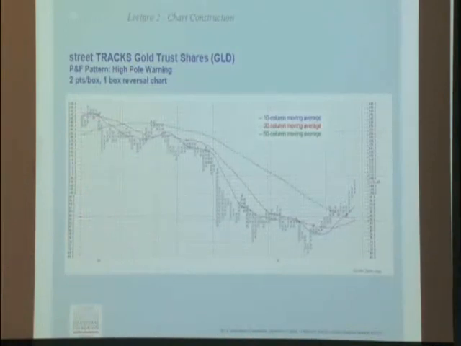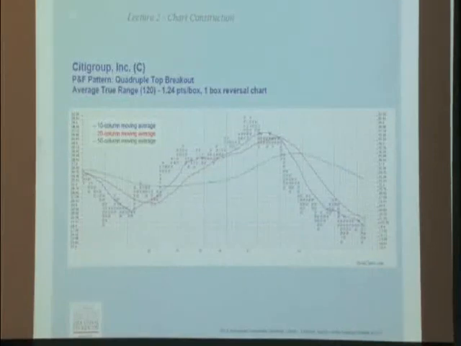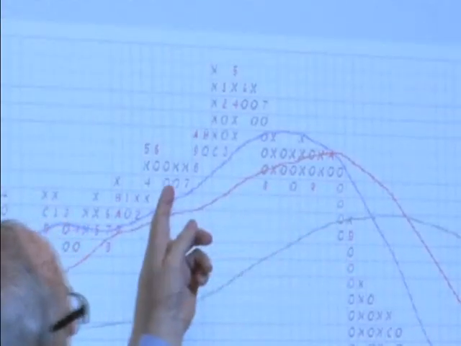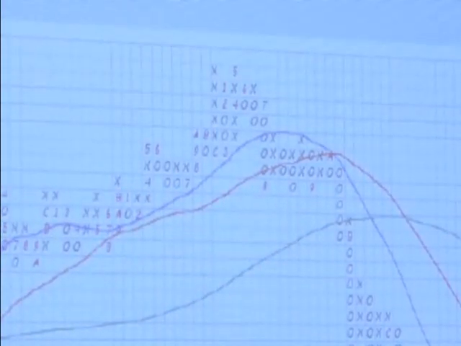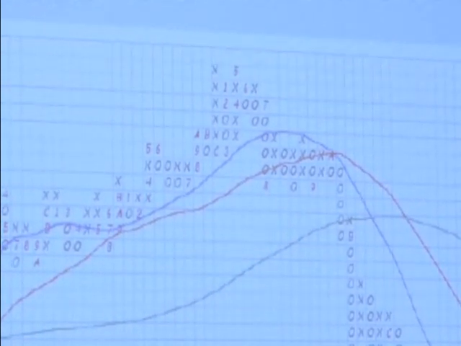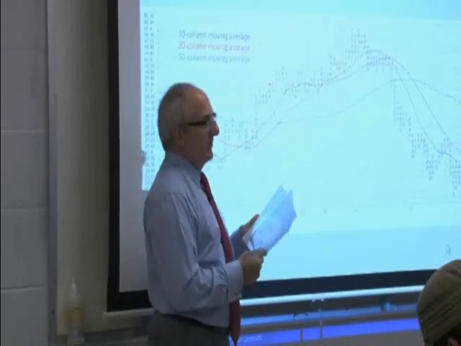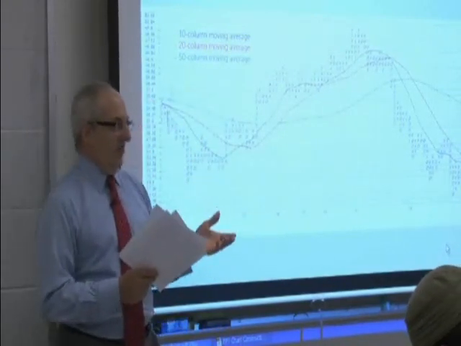The next one is Citigroup, just to drop out of a particular index and look at an individual stock. And again, with the point and figure chart, you can see how you stop at the same price level all these different times. That's $42.16, because I just used the average true range function, which is a nice starting point.